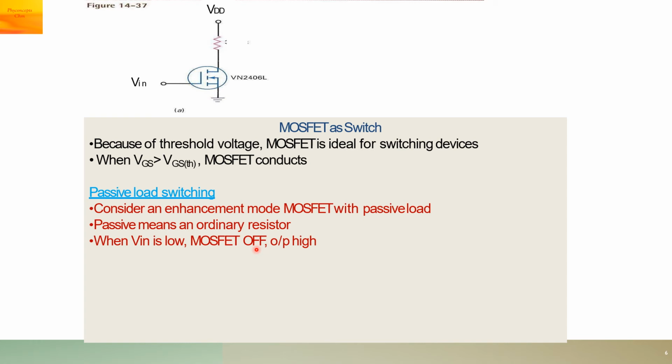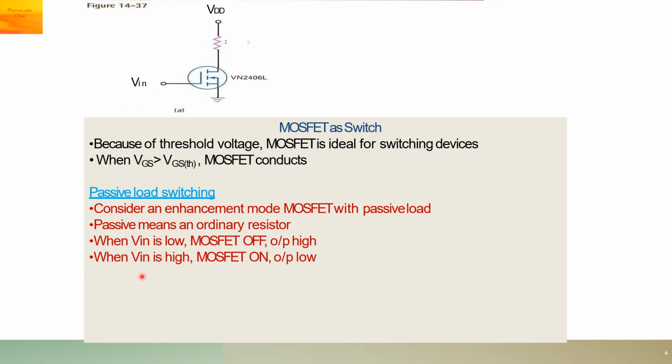In an enhancement mode MOSFET, we have seen that when VGS is 0, the MOSFET is off. So when this is off and we measure the output at this point, the output is high, because almost all of the VDD voltage will come across this resistor.